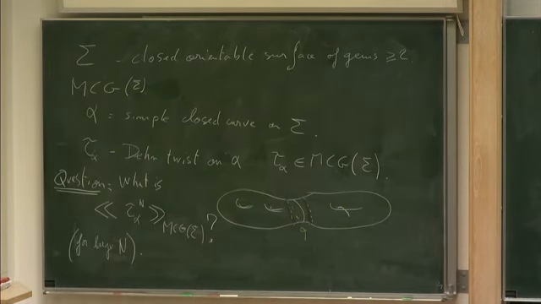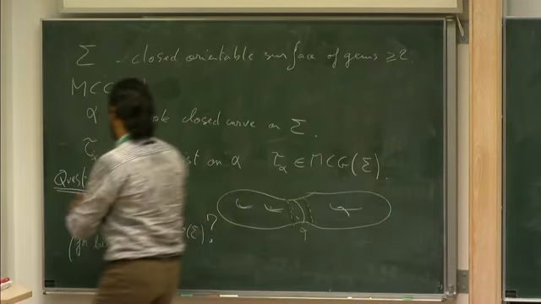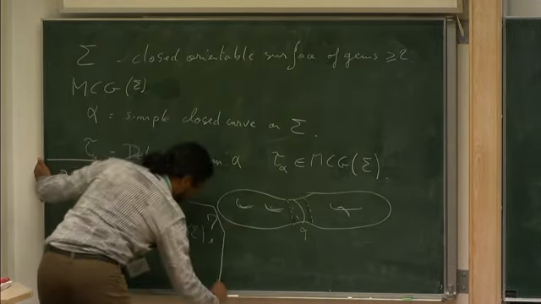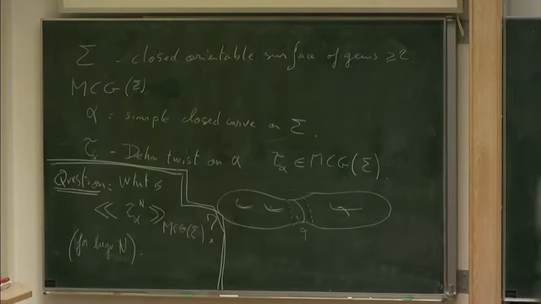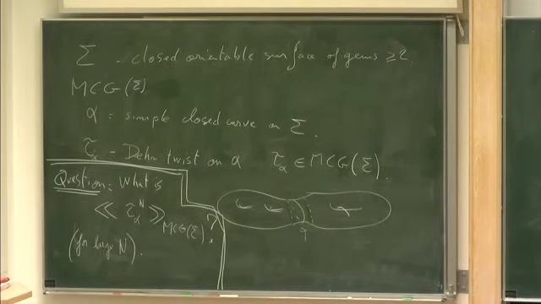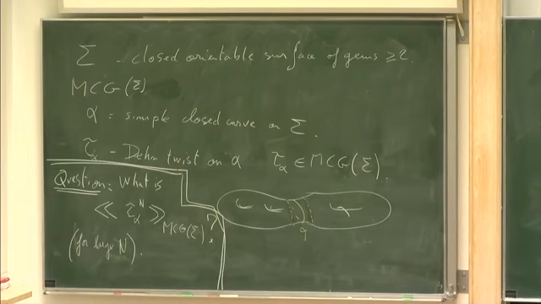So a little bit of background for this kind of question. We would like to know what the normal subgroups of the mapping class groups look like. The first time I heard about this kind of question is in the book of, I don't remember, Farb or Ivanov.